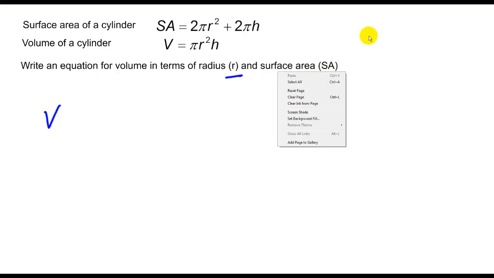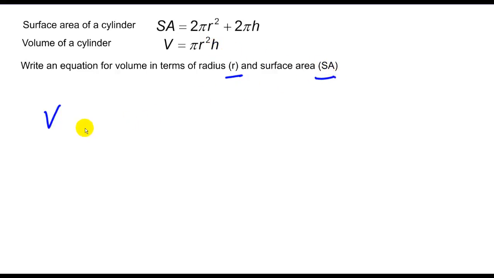The problem is that in my V equation, there's my r, but I also have this h, and I have to get rid of h so that it only has r's and surface areas in it. In order to do that, I'm going to have to use the top equation and substitute into the bottom equation.